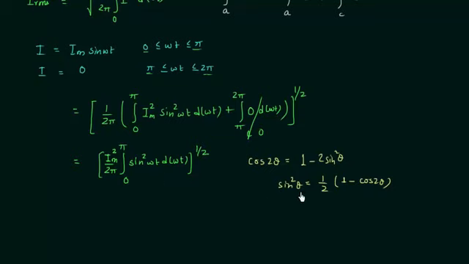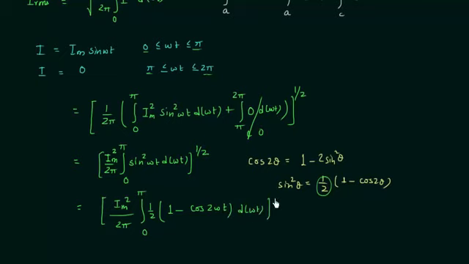We have omega t in place of theta. Im square divided by 2 pi integration 0 to pi, and inside the bracket we have 1 by 2 times 1 minus cos twice of omega t d omega t. Very simple. Now we can easily integrate this.